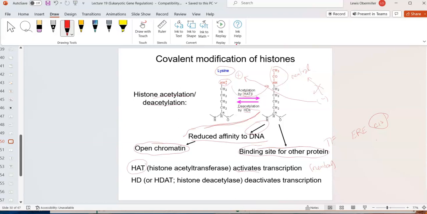Histone deacetylase, HD or HDAT, same thing, deacetylates it, so it makes it positively charged, which makes the DNA have a higher affinity for it. And so it closes the scroll so you can't read it. And by doing that, it's going to reduce transcription or deactivate transcription.